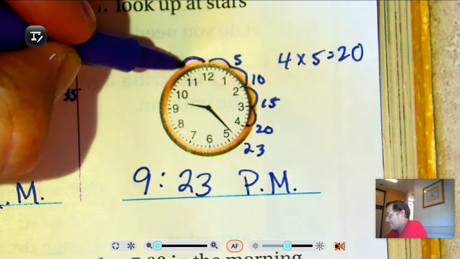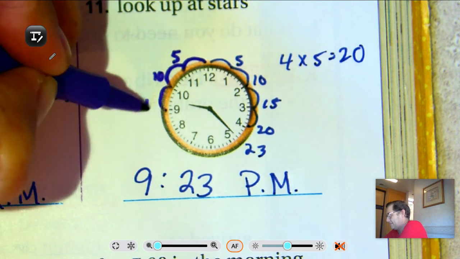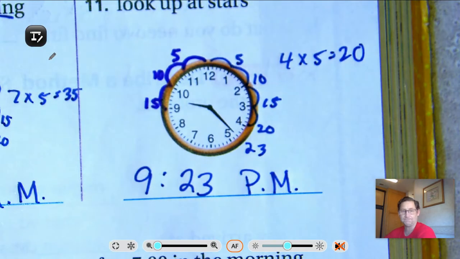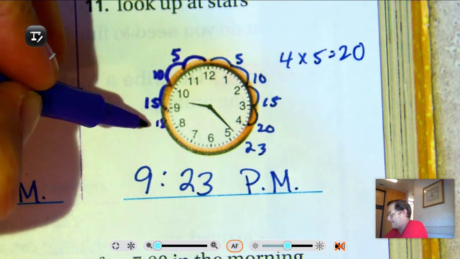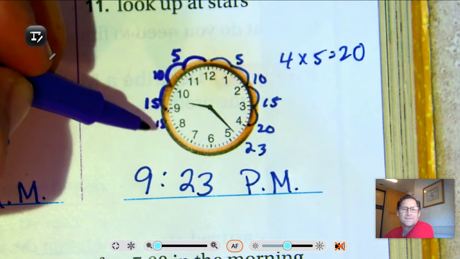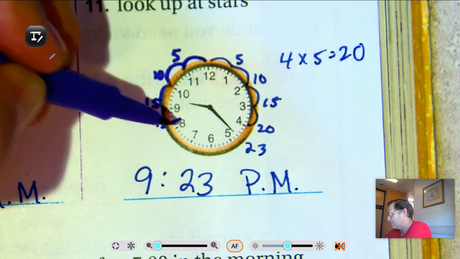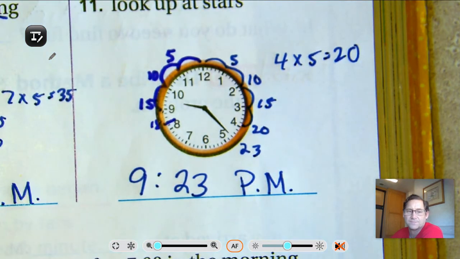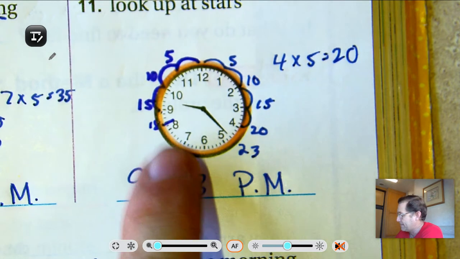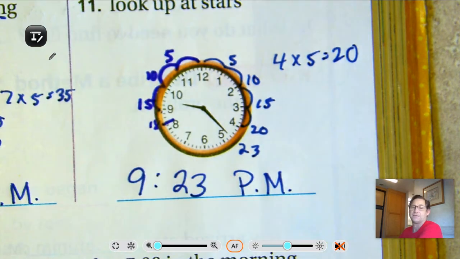So we can go 5, 10, 15, and then 3 individual marks. 1, 2, 3. So right there. So it's at 42. You can get a clock and count backwards. So 11:42, because the minute hand would be pointing at the minute mark that's 2 marks past the 8. So 11:42.